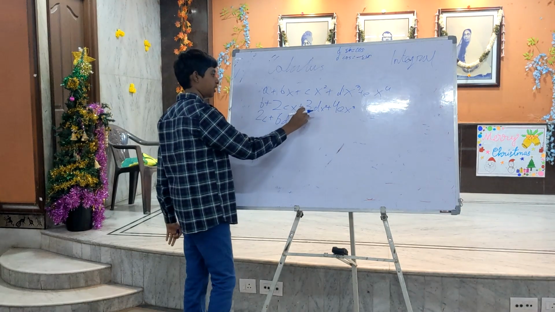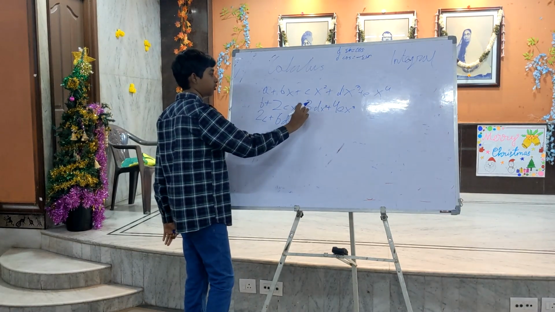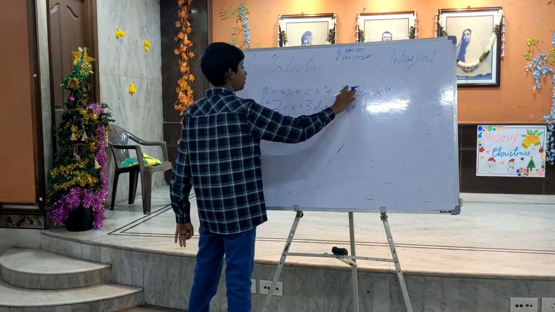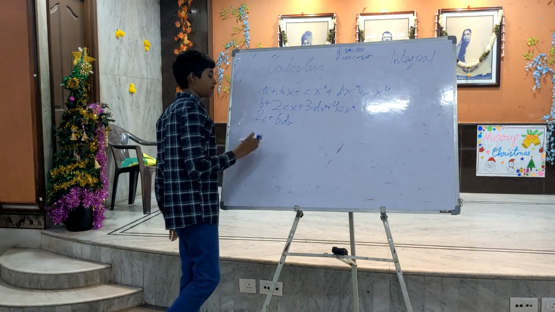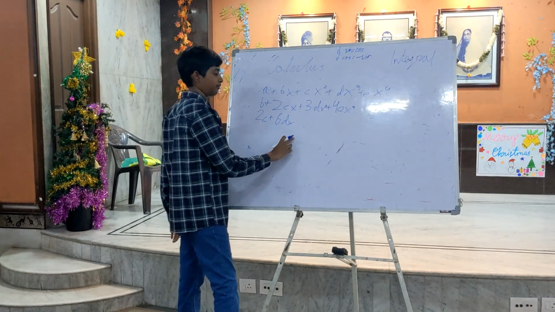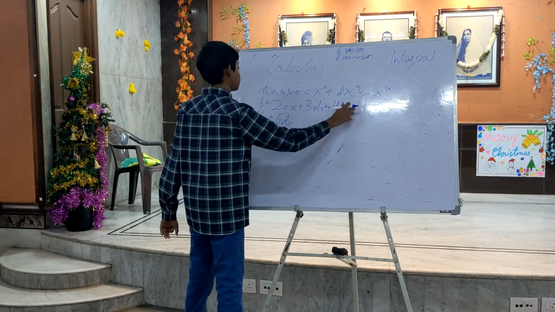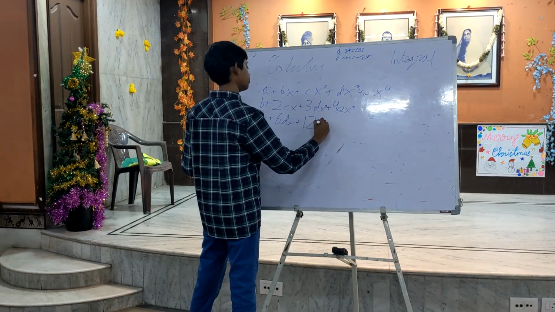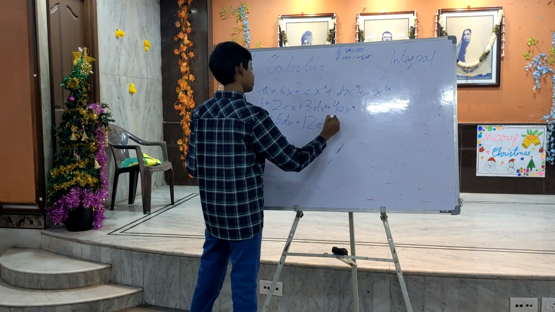We are taking the 3 which is already there, multiplying it by 2. The d first had a 3 which came in front, then it had a 2 which came in front. 3 times 2 is 6. Important to remember. And finally 4ex cubed, 4 times 3 will be equal to 12ex squared.